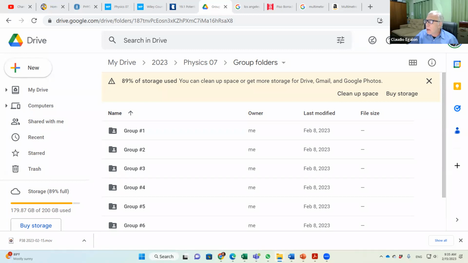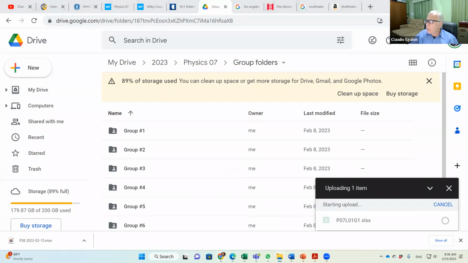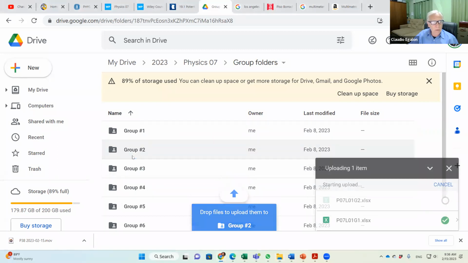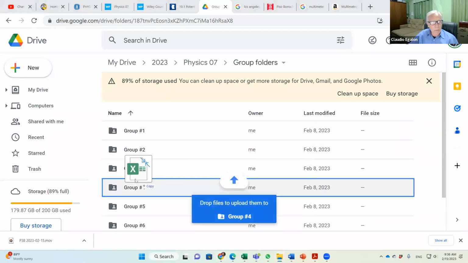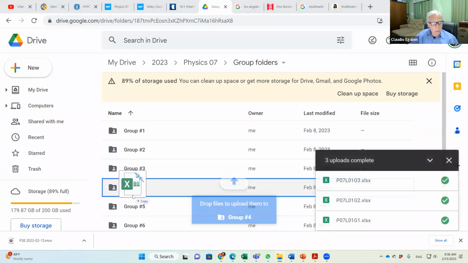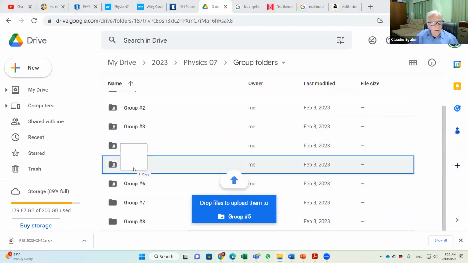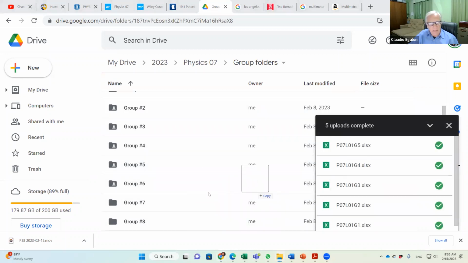The Word document must have the same title. Now, group 1, your spreadsheet is there. Group 2, your spreadsheet is there. Group 3, 4, 5, and 6.